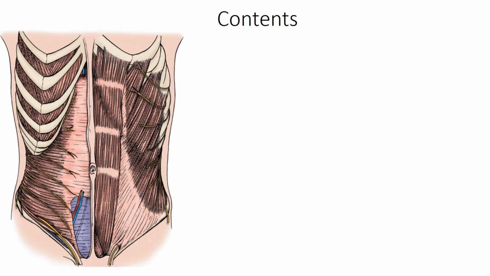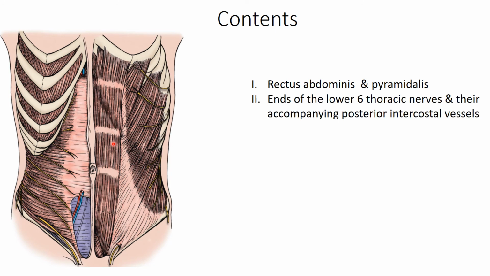So the content of the rectus sheath includes the muscles, which are rectus abdominis and pyramidalis, these two muscles. Then the neurovascular content includes the ventral rami of the lower 6 thoracic nerves and their accompanying posterior intercostal vessels.